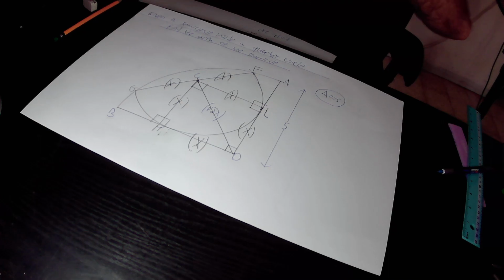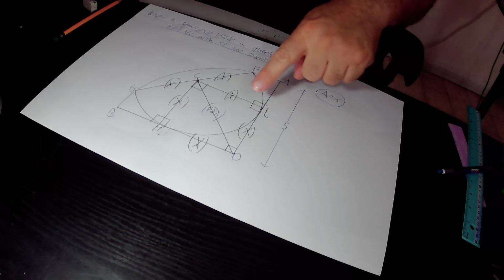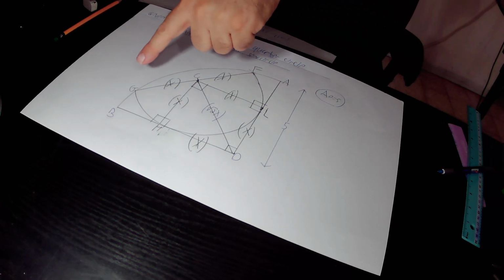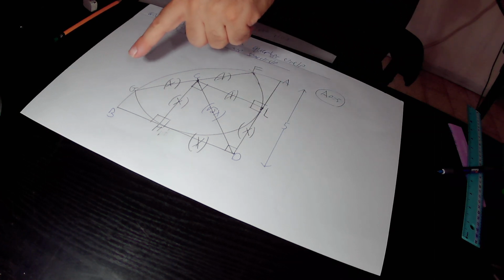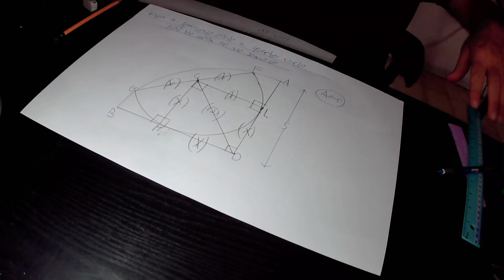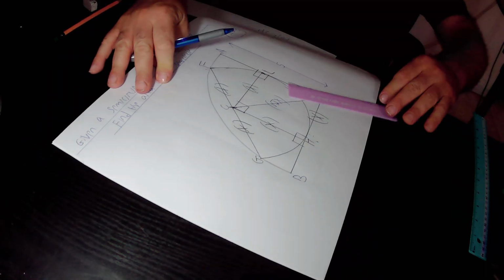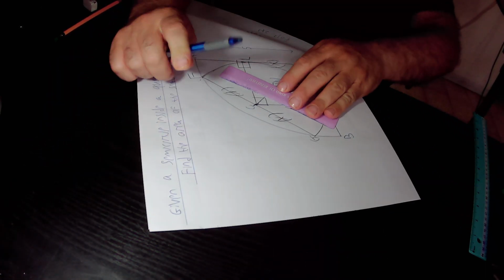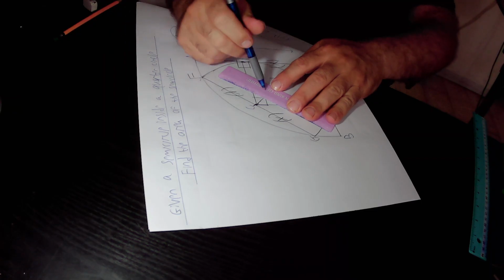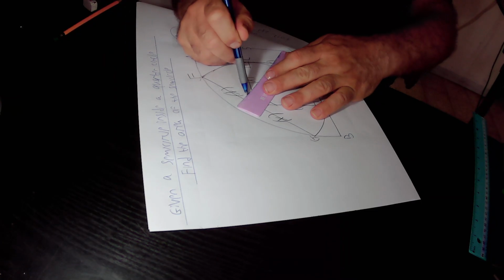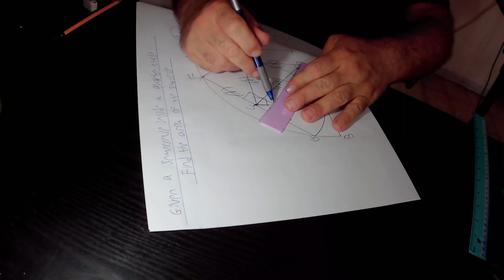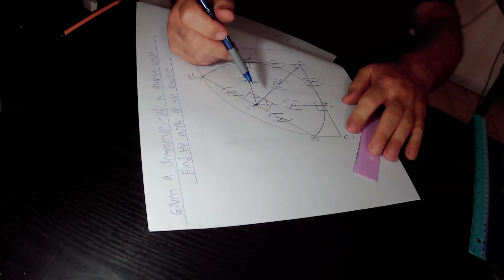And according to rule 7, line segment OC will also be perpendicular to GF. If OC is perpendicular to GF, it means that this angle equals 90 degrees, and this angle also equals 90 degrees, according to rule 7.